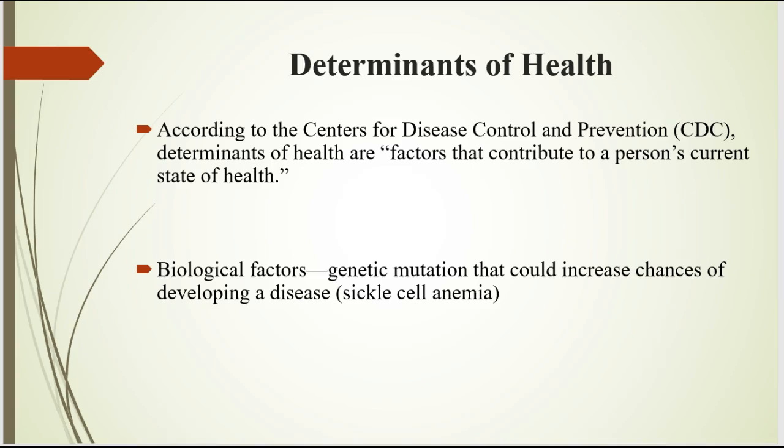According to the Centers for Disease Control and Prevention, or CDC, they're the factors that contribute to a person's current state of health. Now, despite annual healthcare expenditures projected to exceed $3 trillion, health outcomes here in the U.S., which we've covered before, really fall behind other developed countries.